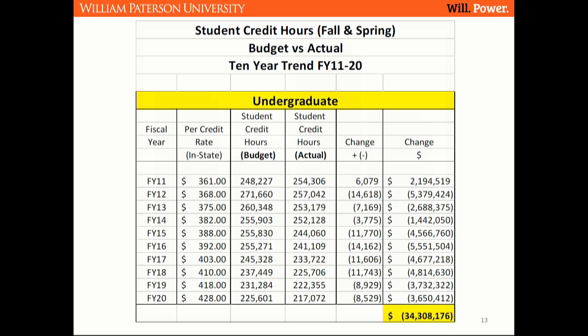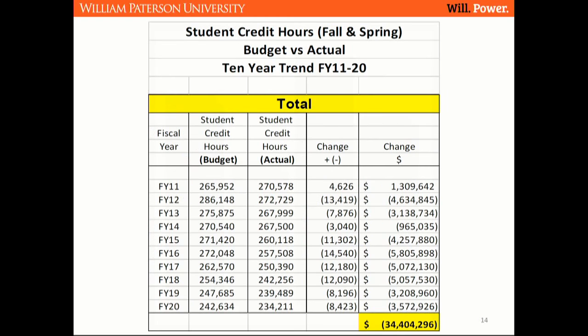Over the 10-year period, it's $34 million that the university has not had available to itself to fund all the activities that we all want to do, and even some basic things that we've had to cut back on. This is the total, the net of the two, $34.4 million.